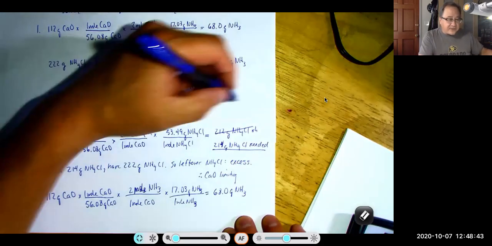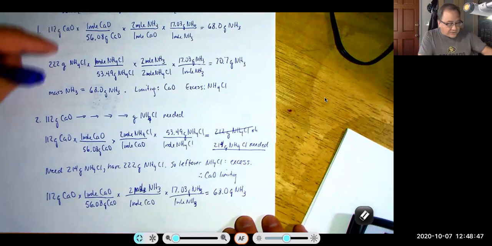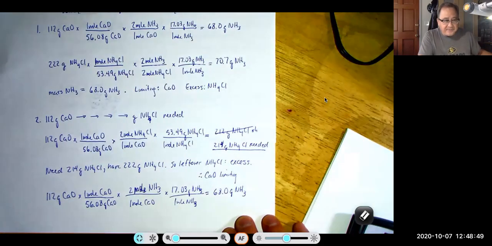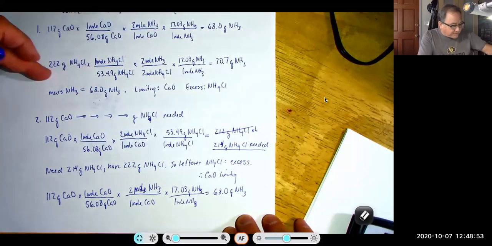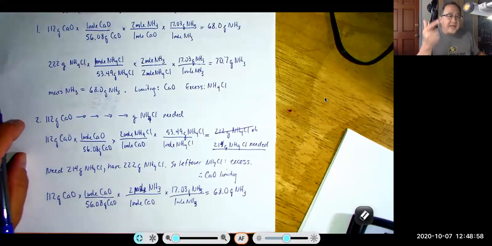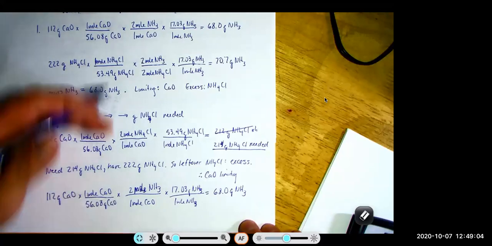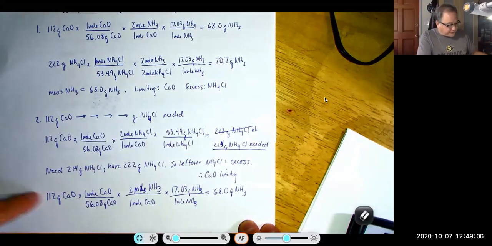So we could either do it this way, where we start off with both and find out how much of the product we make. And when we do this, we're doing 2 long problems, but we get the excess, we get the limiting, and we get how much you make. If we do it this way below, we still do 2 long problems.